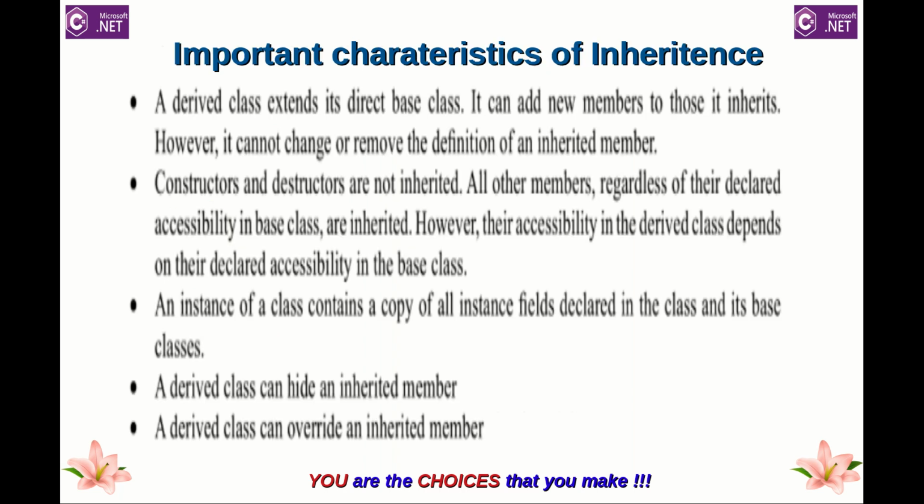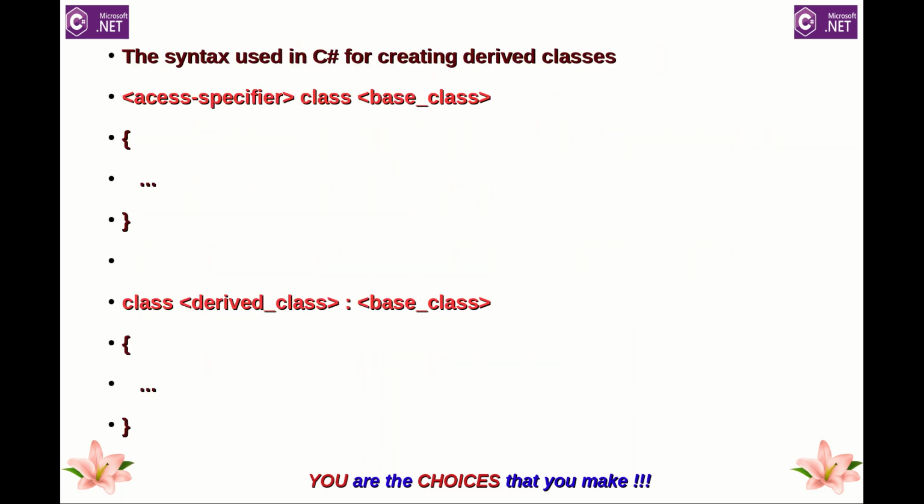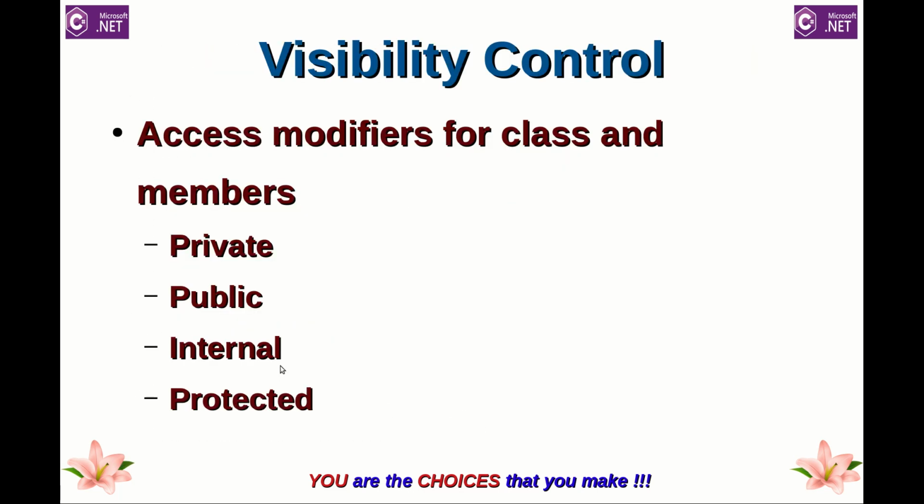Now, as we have seen, when you are declaring any class, the access modifier will be specified. The same way for the derived class also, we will be specifying the access modifier. So the access modifier for class and members can be private, public, internal, and protected.